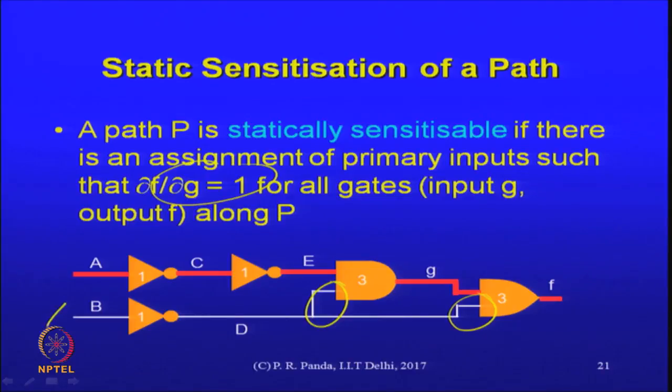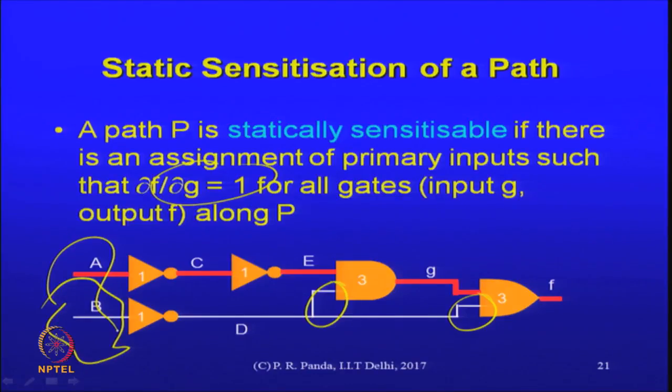So, ultimately you express that in terms of the primary inputs, all the primary inputs. That condition, if you are able to obtain an assignment of primary inputs such that all of those Boolean differences turn out to be true, then you have established the sensitization. This is what we call a static sensitization.